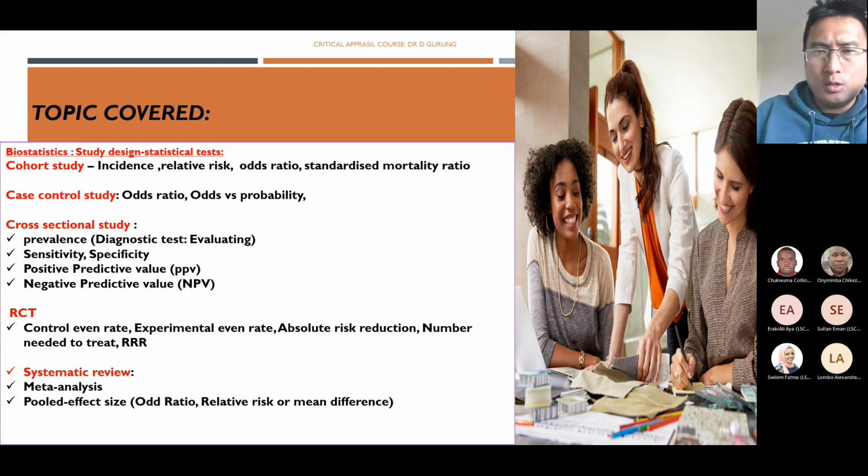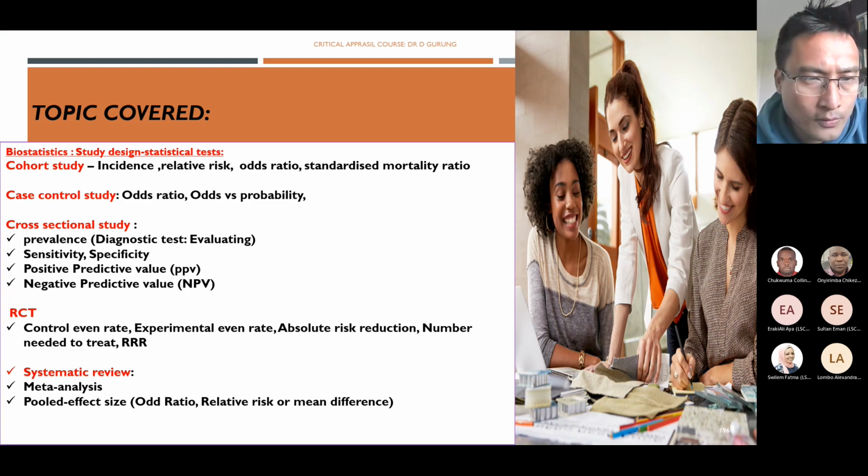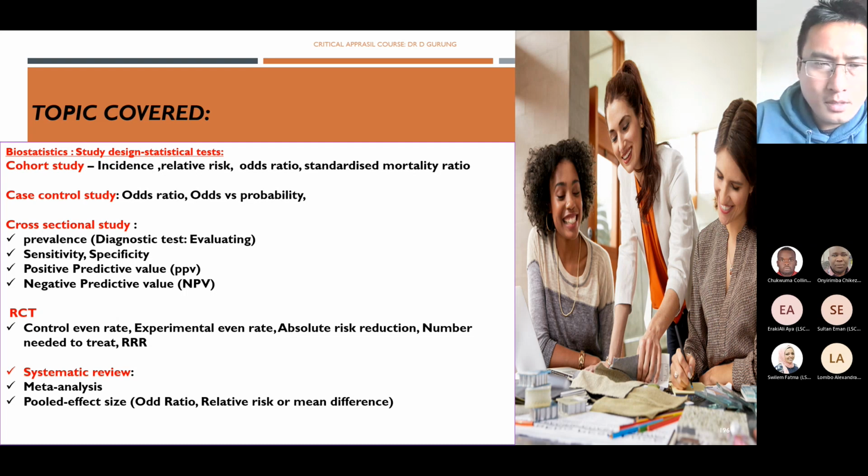So the last section that we are covering is more to do with biostats. And the good thing is we have covered about 8 individual studies in our last session. So there are different statistics or calculations that are asked for each individual study.